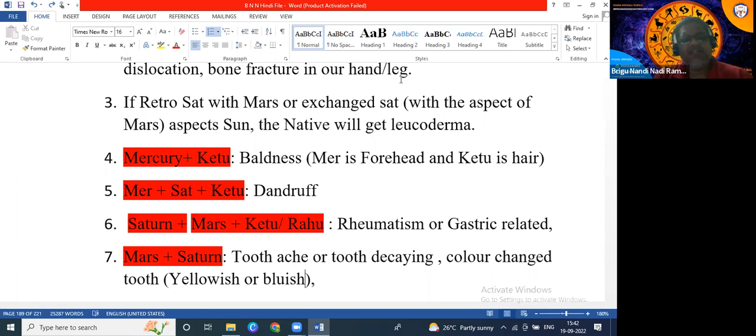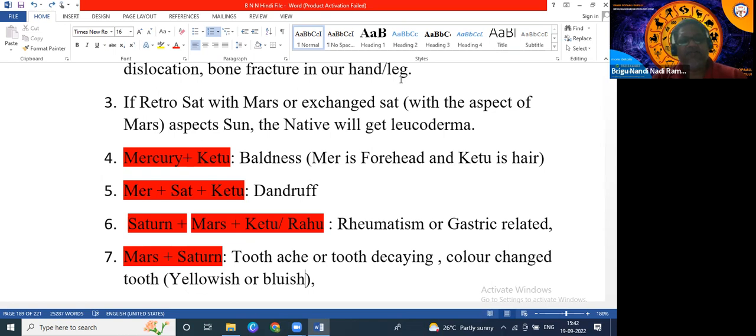In a similar way, Saturn is also there. Saturn is dust. Generally you see on our head, in the hair, dandruff is formed. That is because of Saturn. Saturn is dust in the hair, that is dandruff. And Saturn, Mars, Ketu or Saturn, Mars, Rahu, that is rheumatism and a gastric problem.